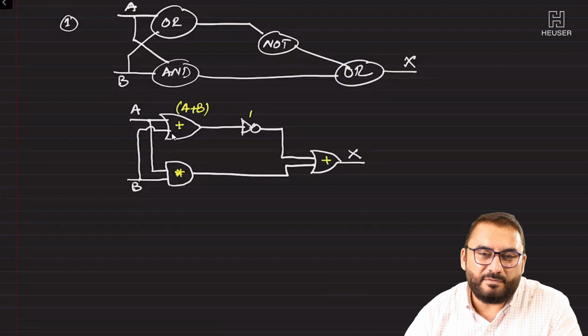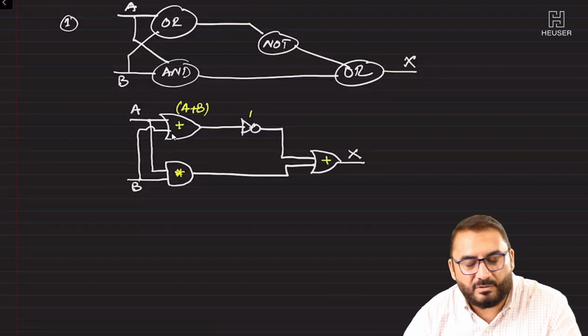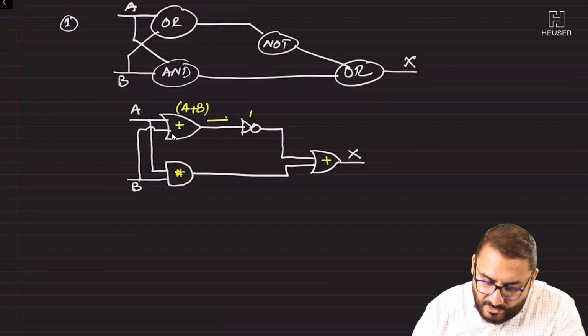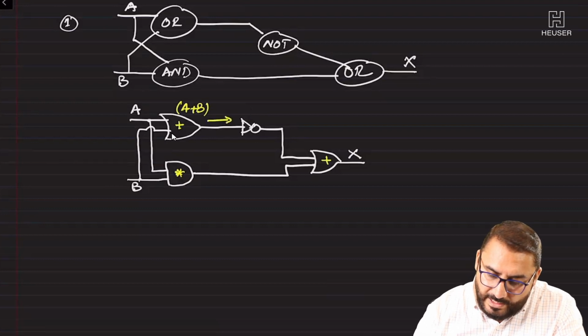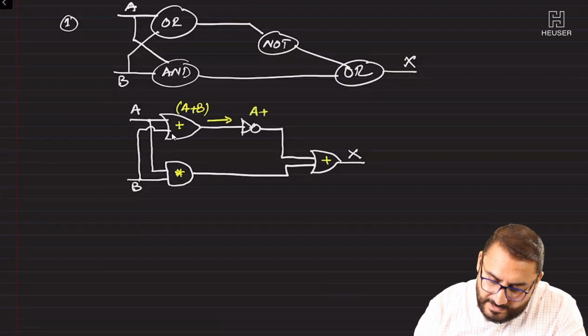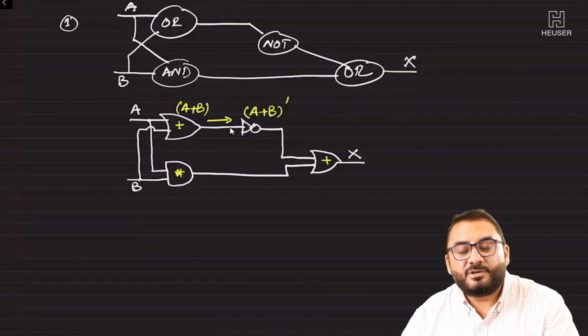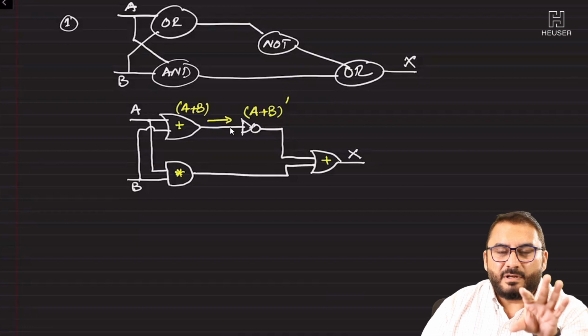That will make sure that every gate would have only two inputs, and the complication of the equations will be resolved automatically. So this A plus B goes through the NOT gate, and in that case now we have A plus B whole NOT. So remember that whatever gets into the NOT gate will be inverted.